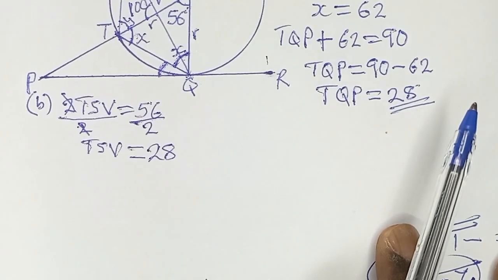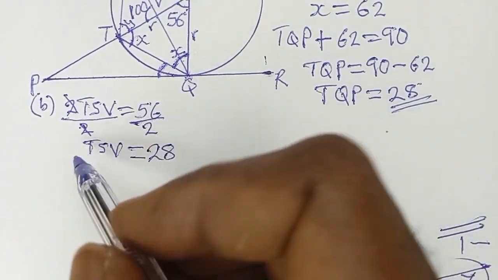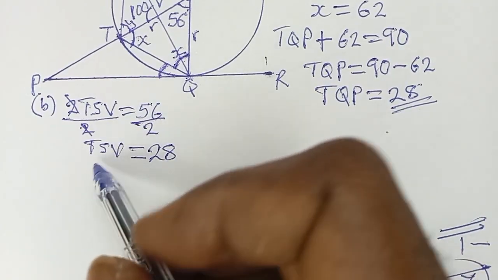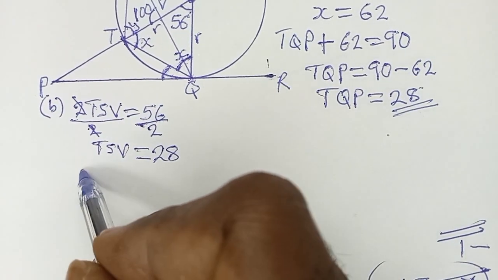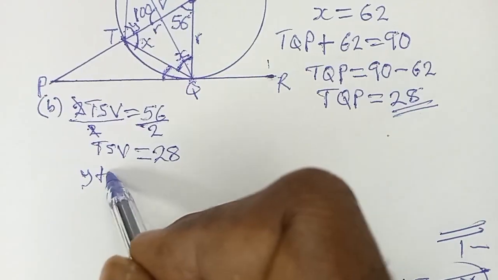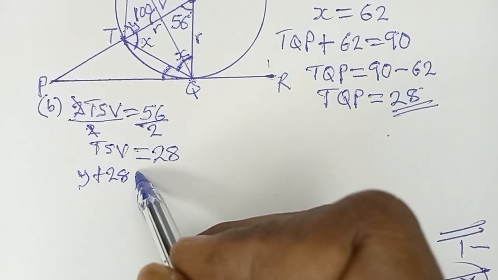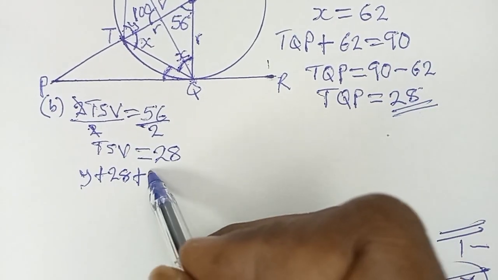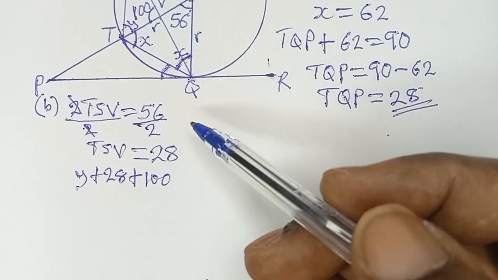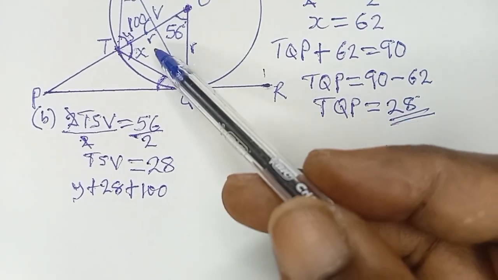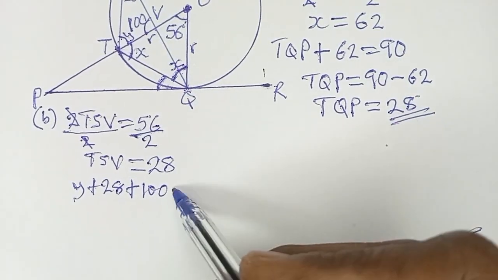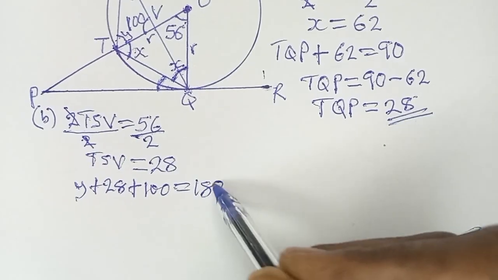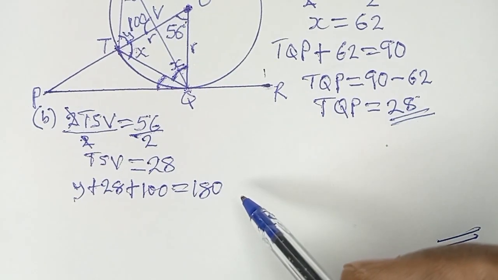So now you agree with me that this angle, which is Y, plus the 28, plus 100, that is the third angle there, all together is equal to the sum of angles in a triangle, which is 180 degrees.